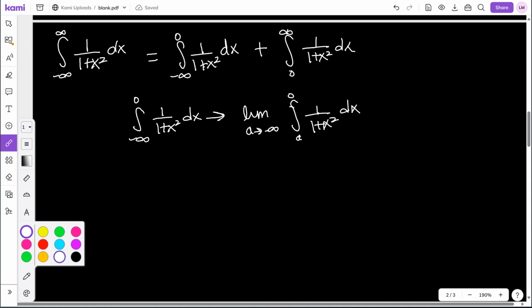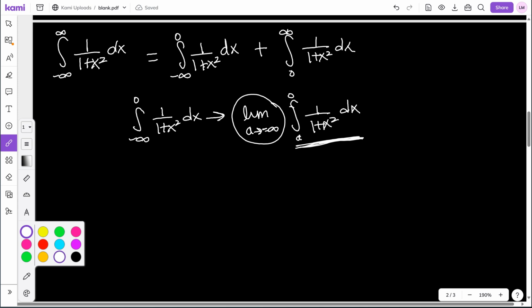And then I'm going to wait on this, just like I did last time. I'm going to evaluate this integral, and then I will look at the limit as a approaches negative infinity. So you can try that one.